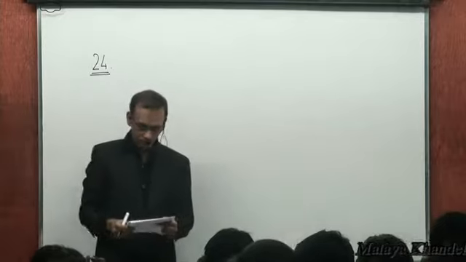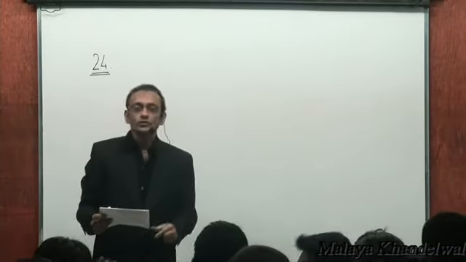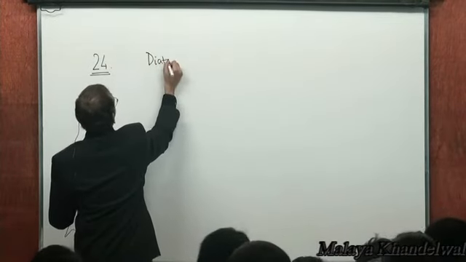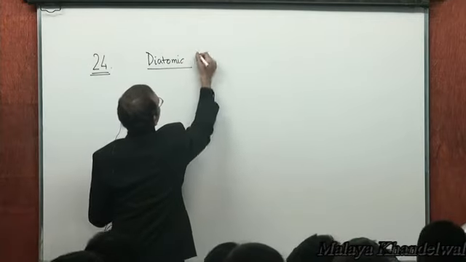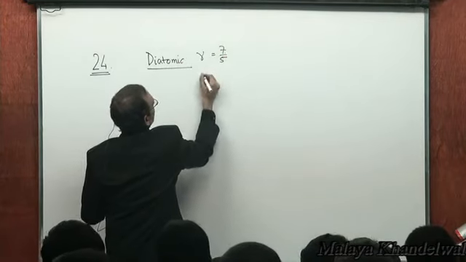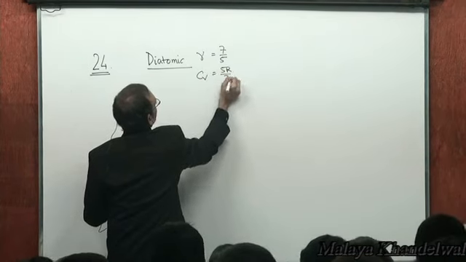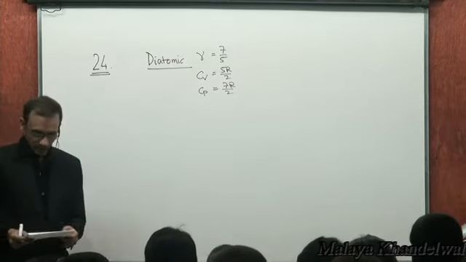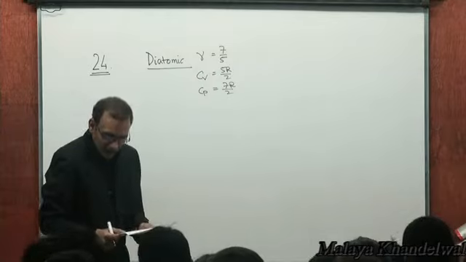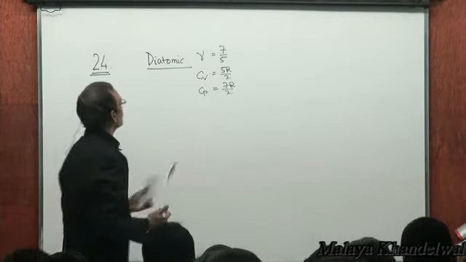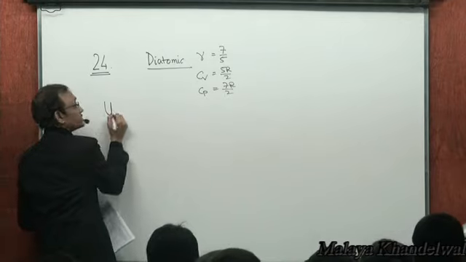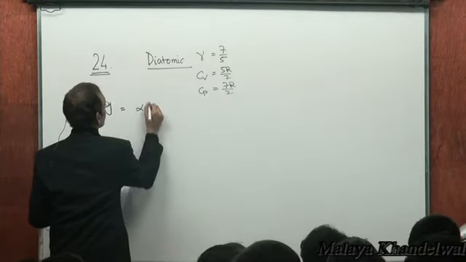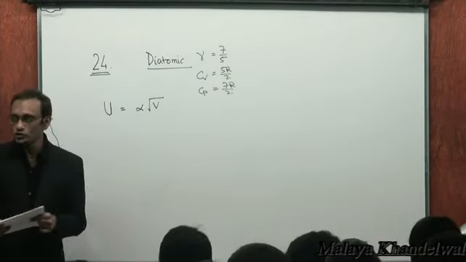(24) There is an ideal diatomic gas. Diatomic gas means gamma would be, Cv would be, Cp would be, right? And it undergoes a process in which it's found that its absolute internal energy is some alpha times root V. Alpha times root V is its absolute internal energy.